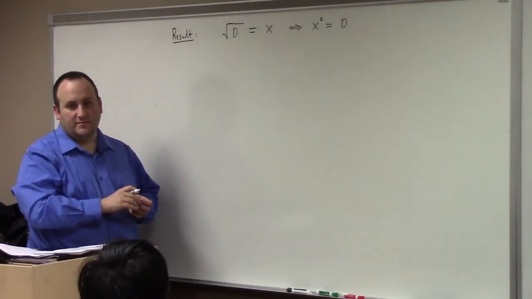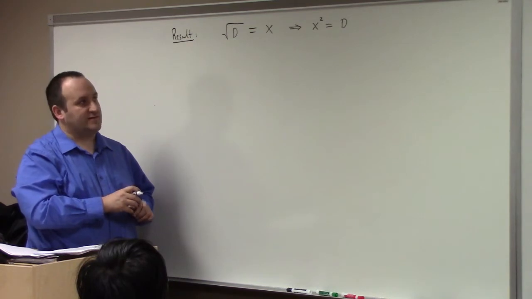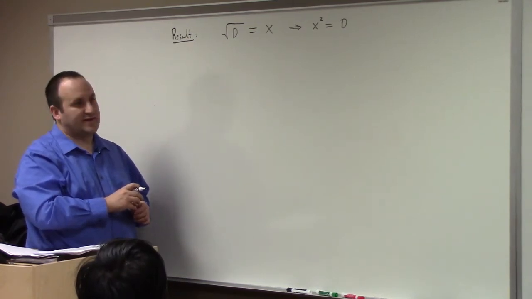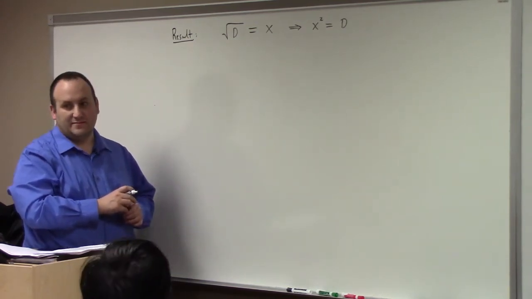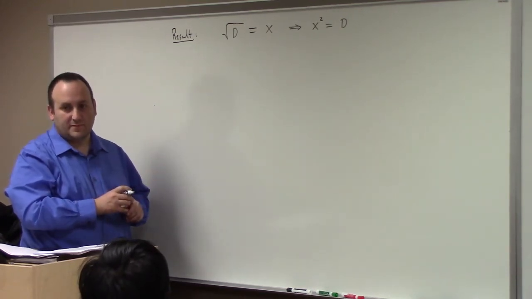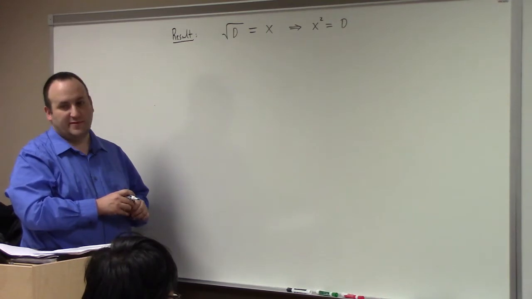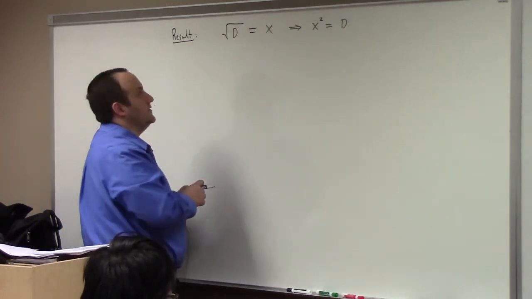Now, in our usual context, we also impose that x be positive, right? But this usage of square root is a little bit more general than that, right? Because here F doesn't have to be a real field.